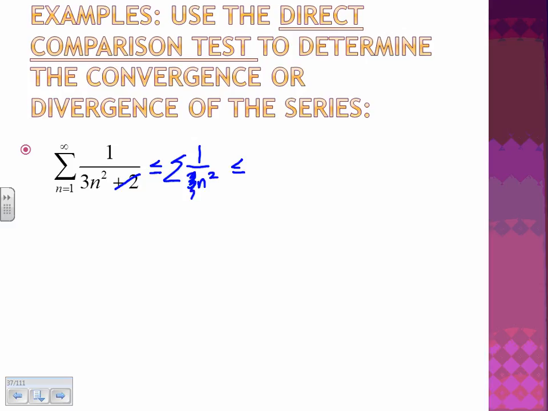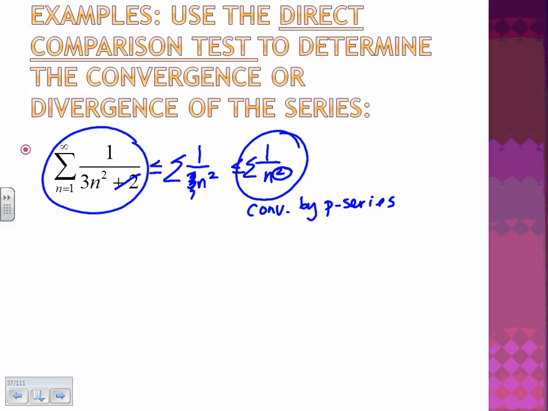You could leave that off and you would just have 1 over n squared, right? And what do you know this one does? Converges by the p series, because your p here is 2. So what does it mean this guy has to do? If this one was bigger and converged, then this one also has to converge by the direct comparison test.